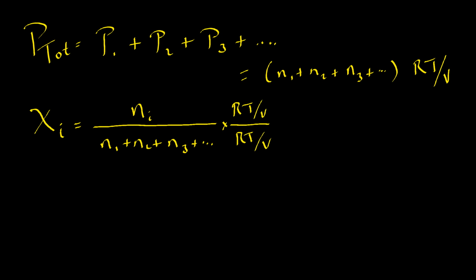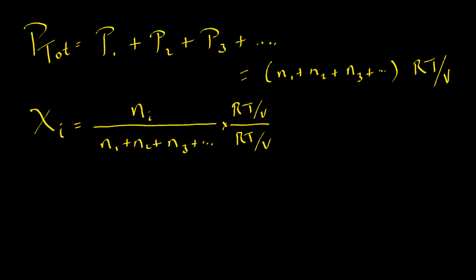Let's multiply both the bottom and the top of this fraction by RT over V. We are allowed to do that because RT over V divided by RT over V is just 1. You can multiply anything by 1 and you're not changing anything, so it's perfectly acceptable. As long as they're the same thing, you can do that.